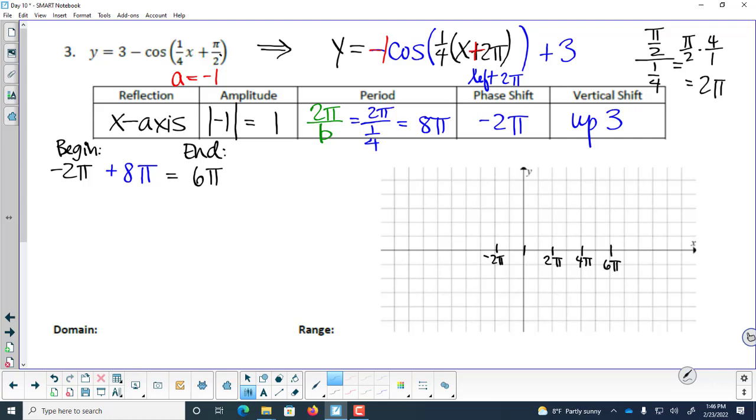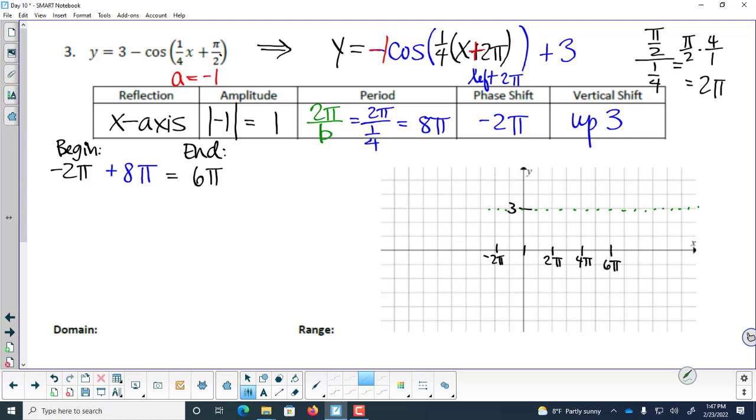Label the y-axis. We're going up 3. So our midline, the x-axis, goes up 3. So I'm going to mark that on my y-axis. You don't have to do this, I do this for me so I can keep track. This is our new midline. That's our x-axis, so to speak. We're going to pretend like it's the x-axis, and we're going to go up and down from there.